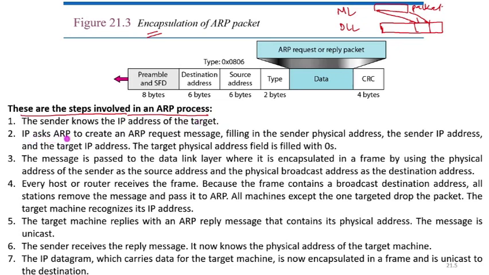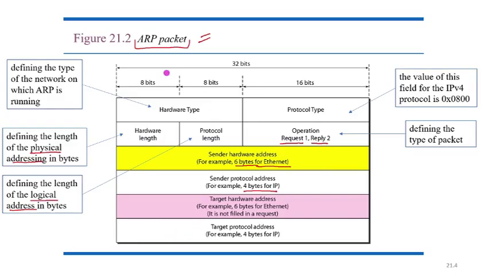IP asks ARP to create an ARP request message. So the internet protocol will be asking ARP to create an ARP request, filling in the sender physical address, sender IP address, and the target IP address. These are the three pieces of information that will be filled into this ARP packet.